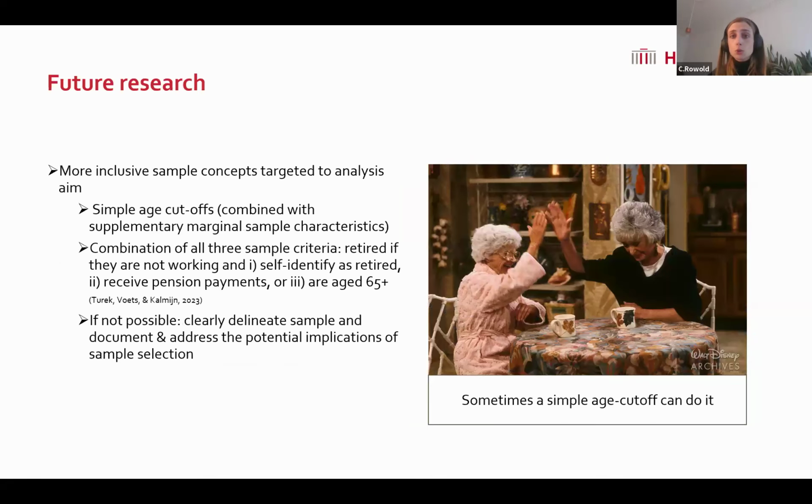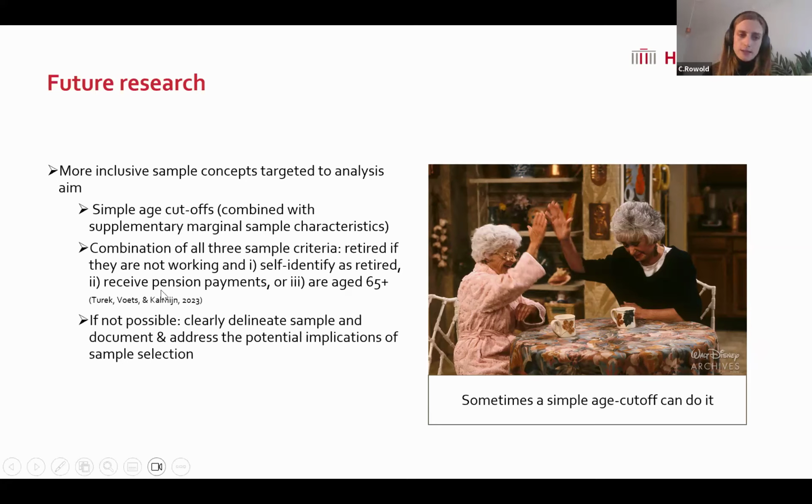Okay, so what could we do? One thing is obviously we could be a bit more inclusive with our sample concepts, though they also still have to be targeted to the analysis aim. So sometimes it might be totally feasible to use a simple age cutoff and then maybe combine it with supplementary sample characteristics, like, for example, excluding individuals who are still employed, again, depending on our analysis aim.